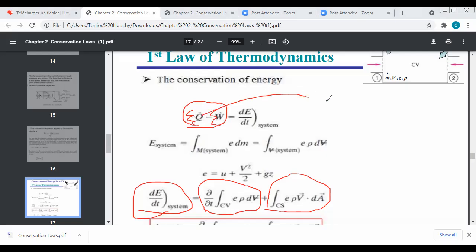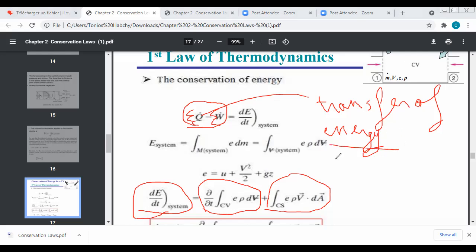Q dot is the transfer of energy in the form of heat. So if you gain heat or you lose heat, this is in the form of energy.